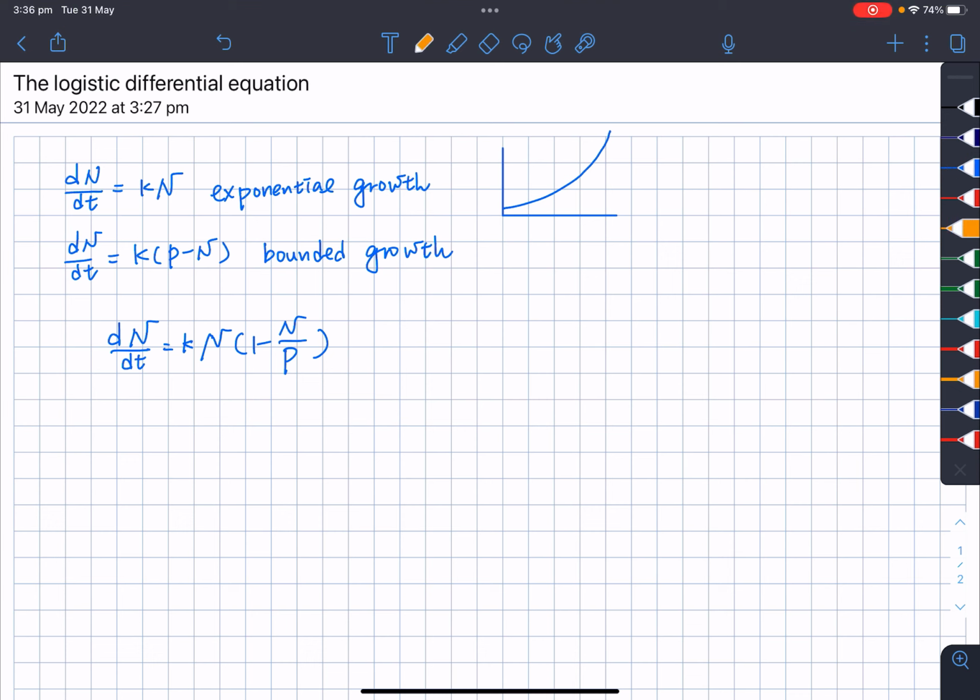The k here we call the growth rate, or growth parameter.